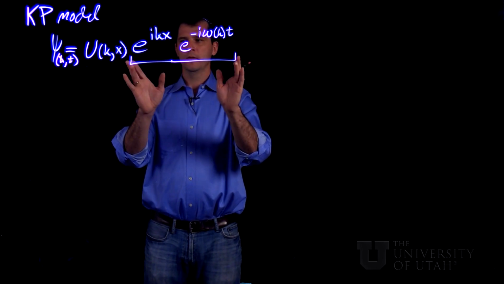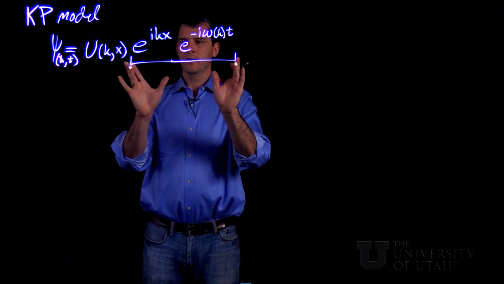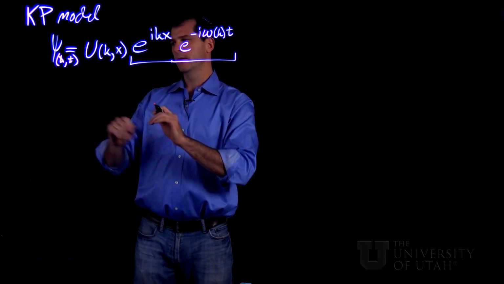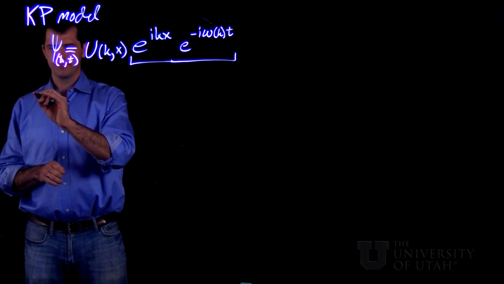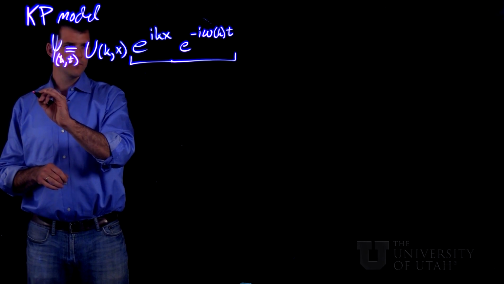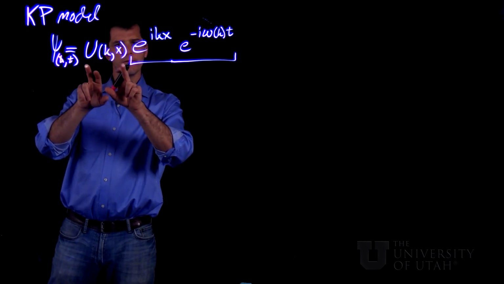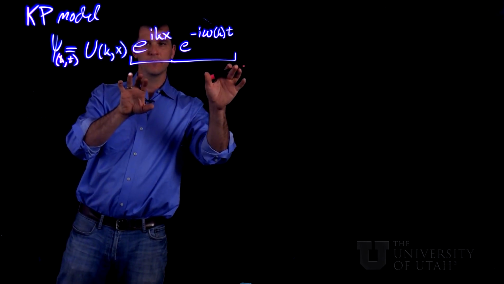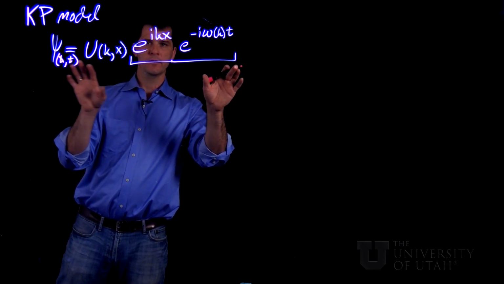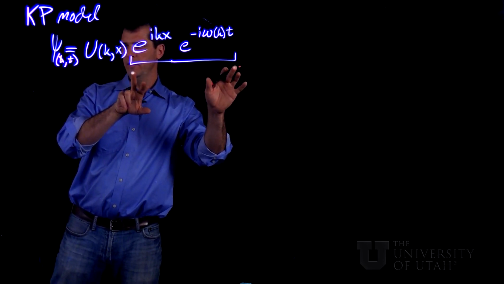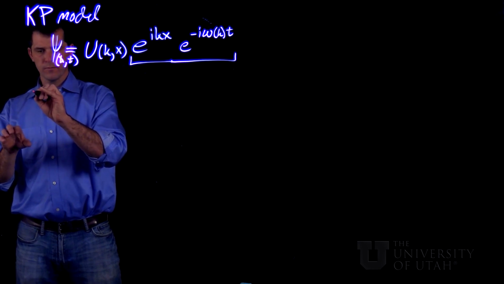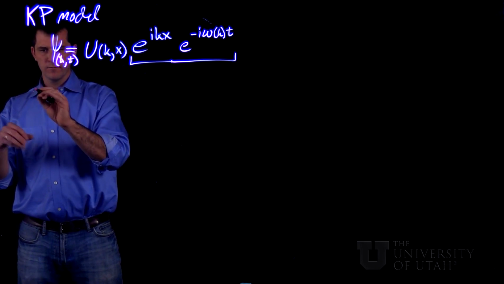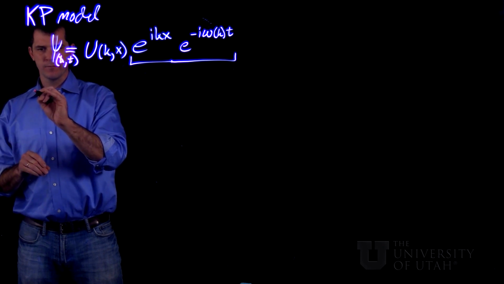And these two exponentials here could also be represented in the cosine form that we just looked at. So we're going to sort of ignore these little wiggles and treat the solutions to the Schrödinger equation as if they're plane waves. And that's what we can relate back to the dispersion relation.